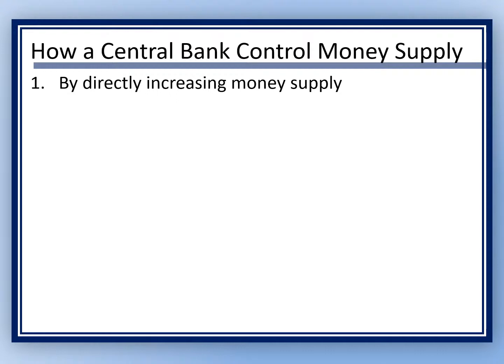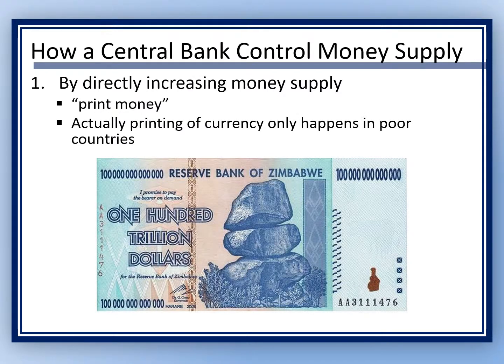Now, the central bank can directly increase the money supply by printing money, literally printing. But this is very rare unless you are in a country which is in serious financial trouble, like Zimbabwe. If your government has absolutely no money and you have to pay your civil servants, then what do you do? Print money.